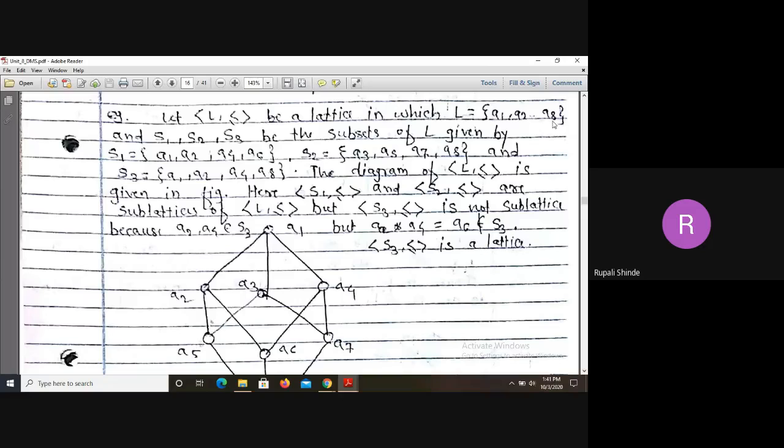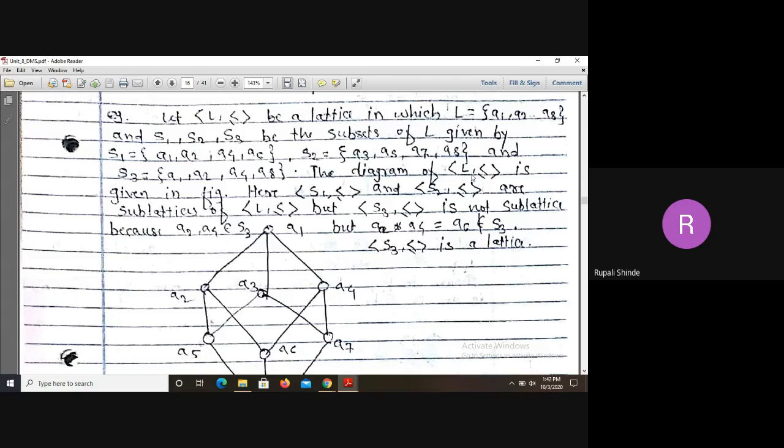And S1, S2, S3 are subsets of L, given as S1 is equal to A1, A2, A4, A6, S2 is equal to A3, A5, A7, A8, and S3 is equal to A1, A2, A4, A8.